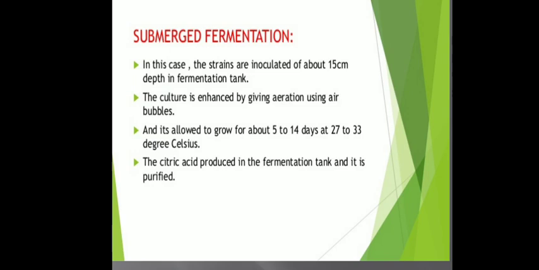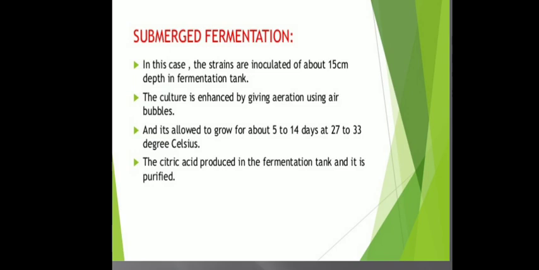The air bubbles are passed inside the medium so that the spores are properly germinated inside the medium, and later on the growth or the fermentation process is continued up to 5 to 14 days, and during this period the temperature should be adjusted to 27 to 33 degrees Celsius so that proper spores are germinated and the media is utilized by them for the production of citric acid.